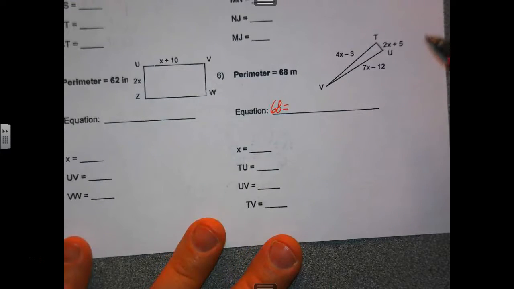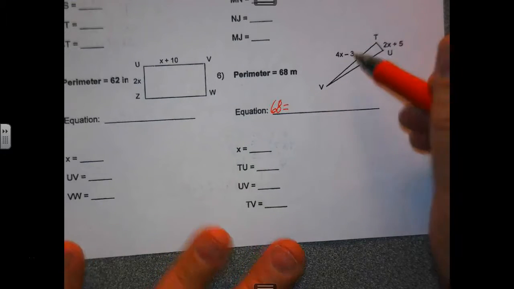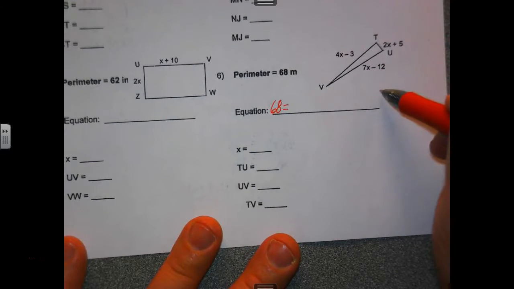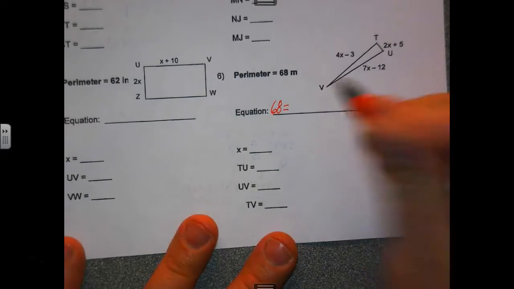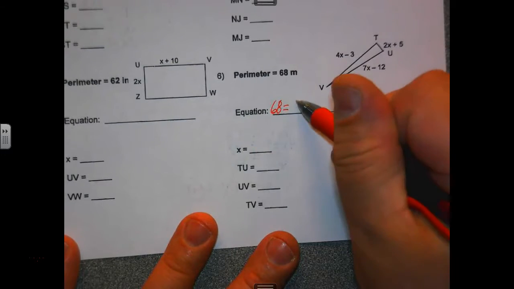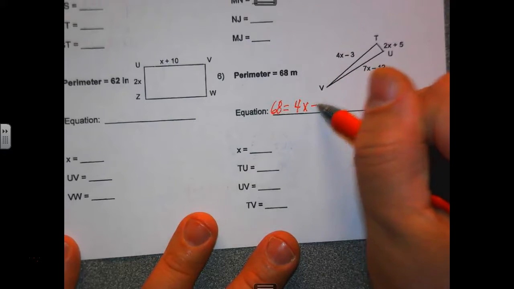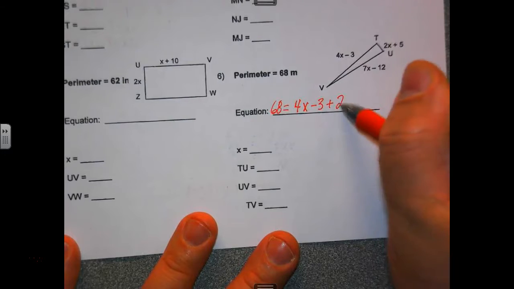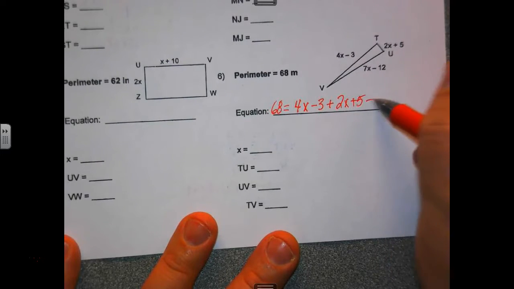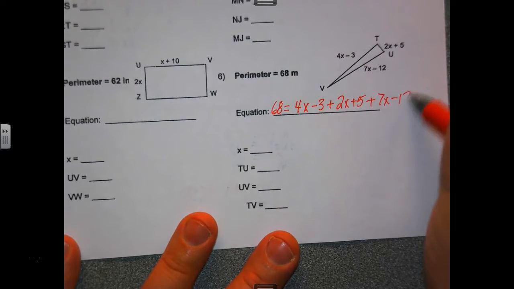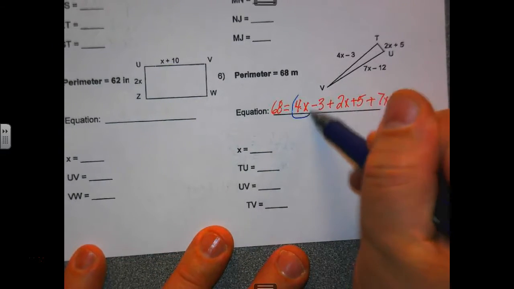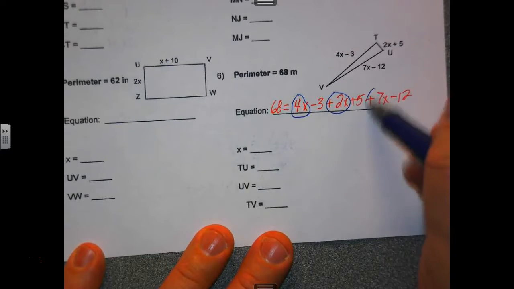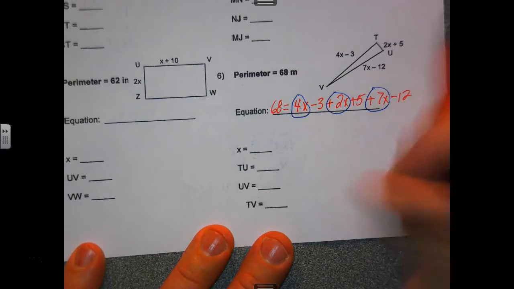Now, you could do this in your head and then write down the equation, 4x plus 2x plus 7x is 13x, or you can write it all out. I don't care. 4x, 2x, and 7x is 13x.